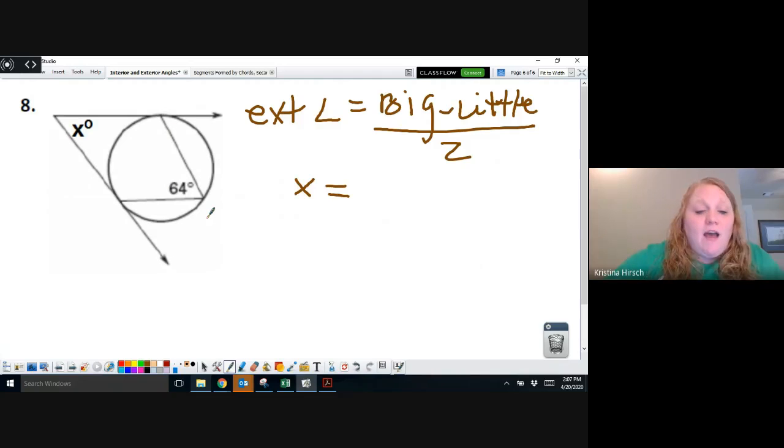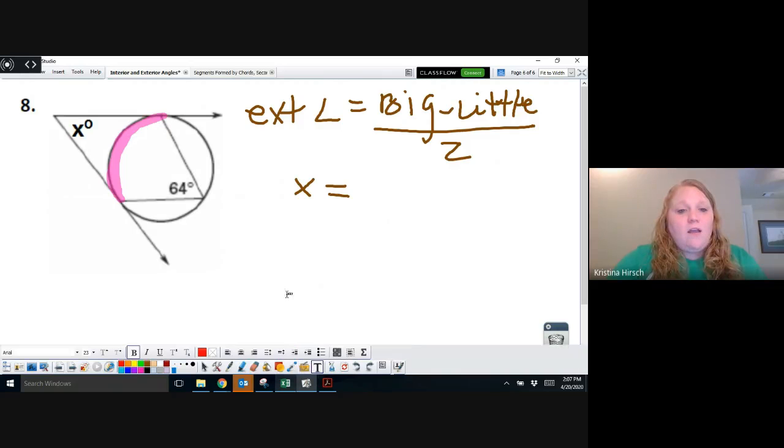So we can find the measure of the arc because we've already learned a property that goes along with inscribed angles. And that's that if we know an inscribed angle, then the intercepted arc is going to be twice that size. So that would be 128 degrees. All right, this arc right here is 128 degrees.